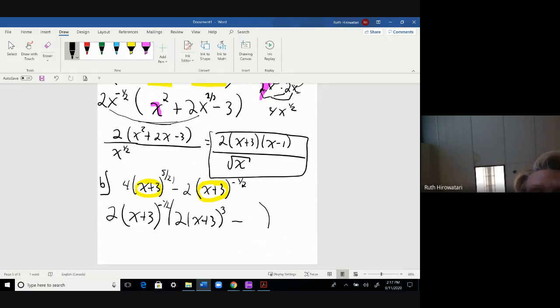When I factored out the 2, 2 goes into this once. So this is 2 on the top, 2 times x plus 3 all cubed minus 1 all over the square root of x plus 3.